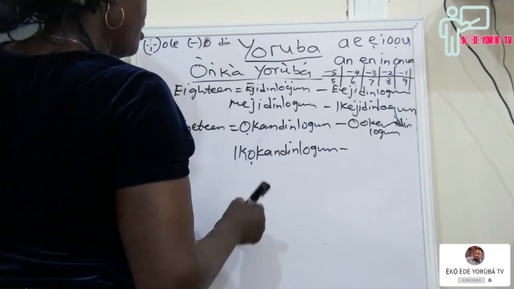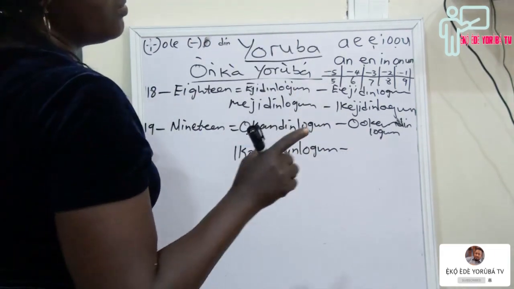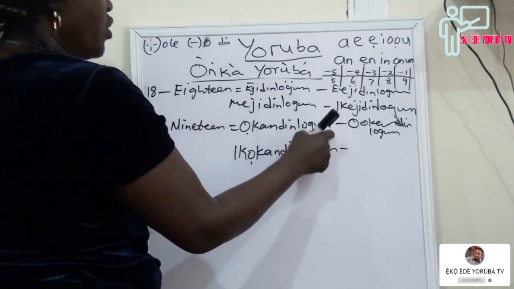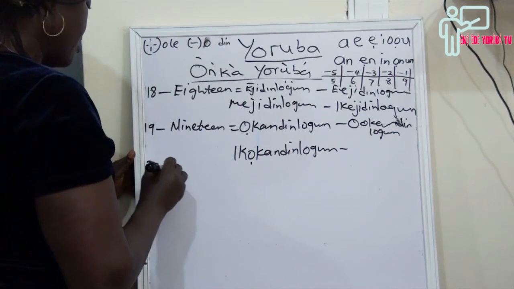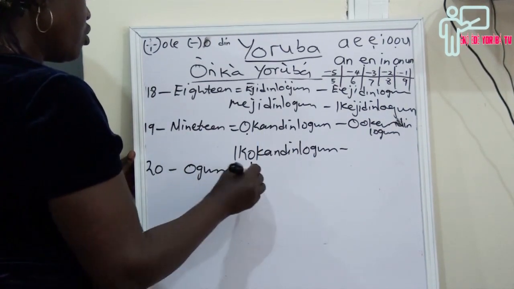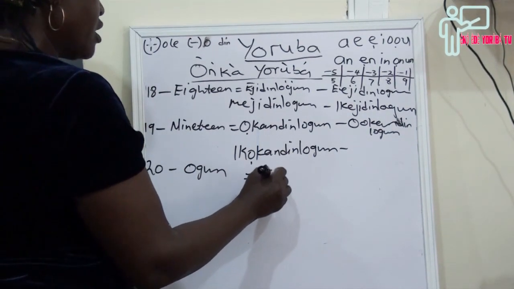So you can say mọ́kàndínlógún, which is ọ̀kàndínlógún. Now we have 20, ogún, and I told you in the multiplication you can say 20 times 1.